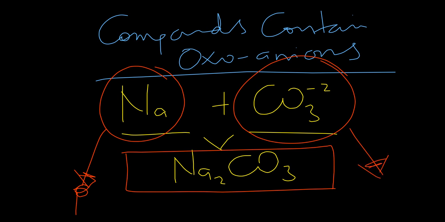Then in between the sodium and the oxo-anion, you put parentheses depending on whether the cation you are dealing with is a cation with variable oxidation numbers or not. And we'll be looking at examples, and I'm sure by the time we finish with those examples, you understand what I'm talking about. So let's look at the first example.